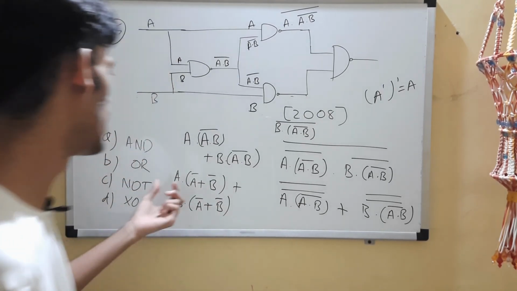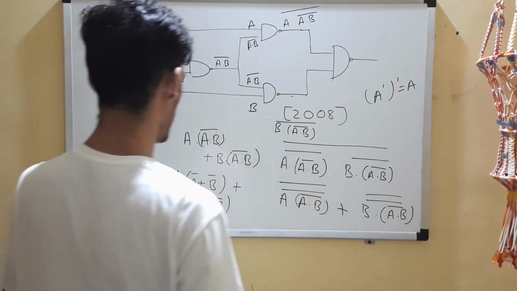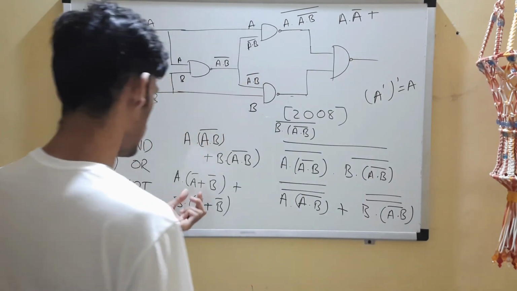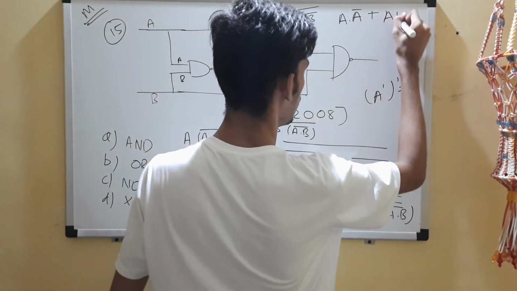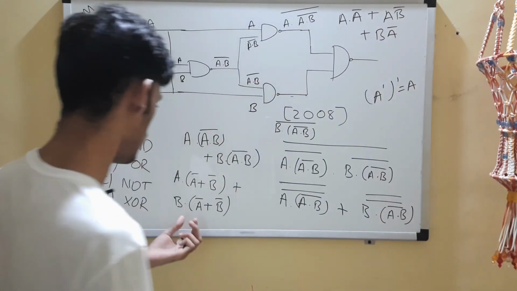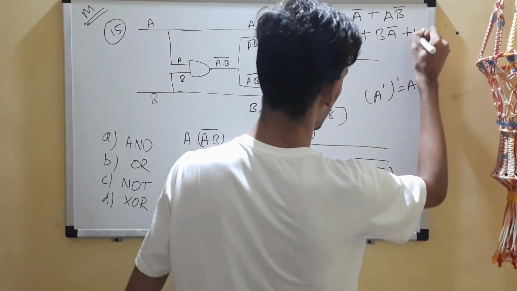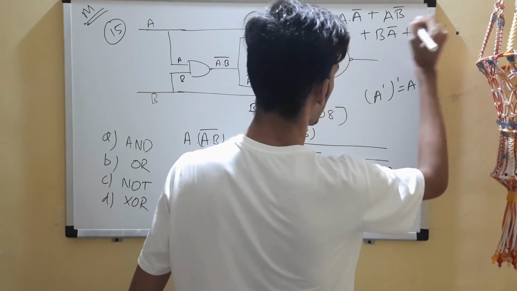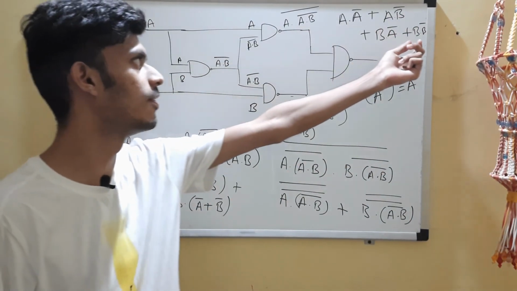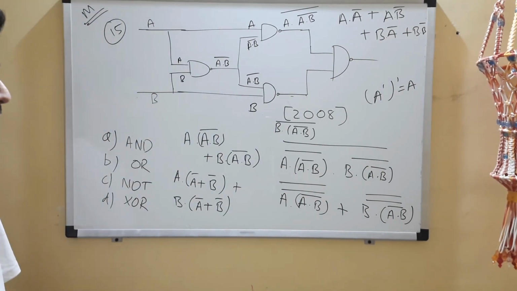Now just multiply this inside and you'll get your answer. That will be A into A complement, plus A into B complement, plus B into A complement, plus B into B complement. You can see that A into A complement will be 0 and B into B complement will be 0.